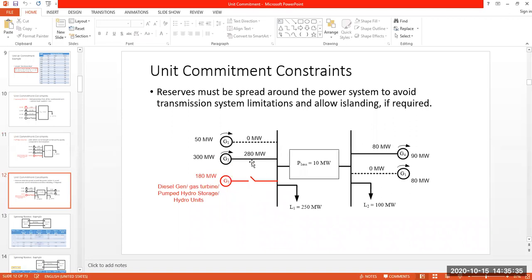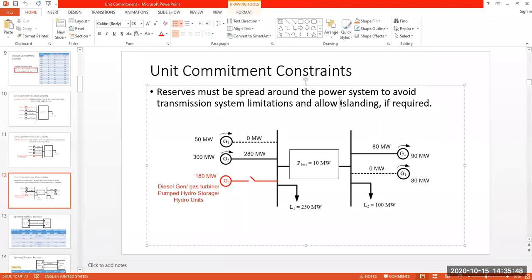Rather, we would like to spread whatever reserve we have throughout the power network so that we can have some safeguard against islanding, okay?